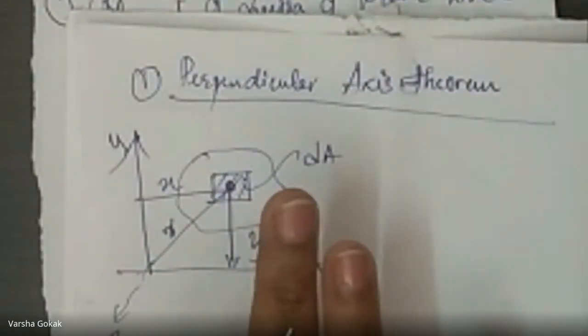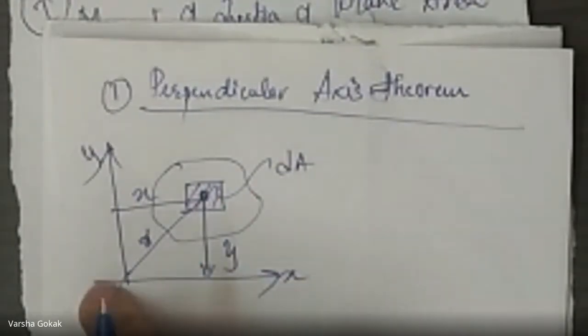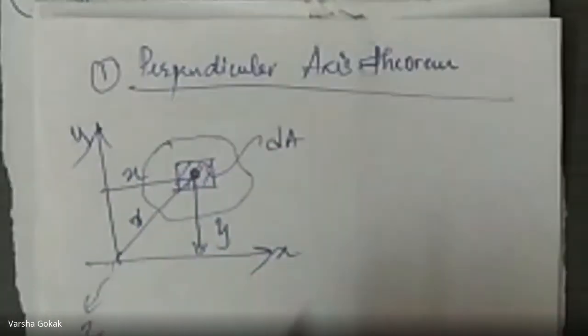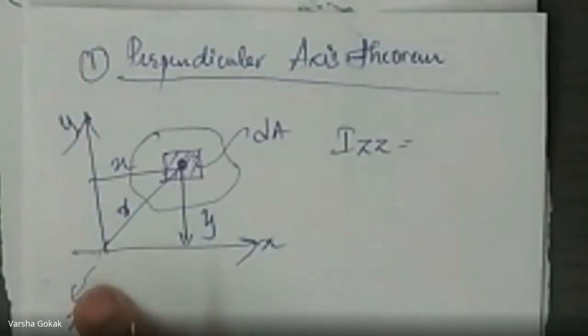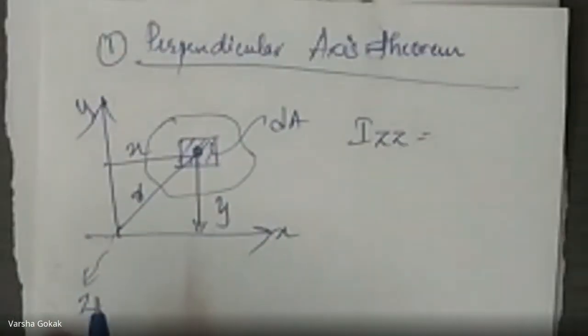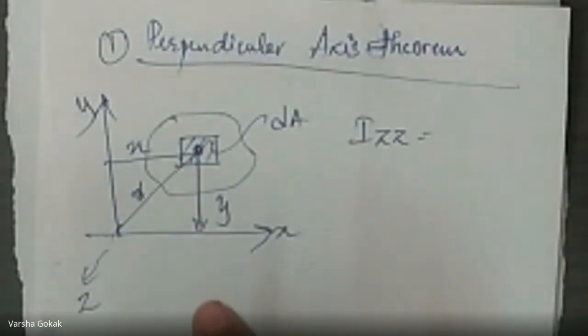Correct? Same figure. Now, for the perpendicular axis theorem, the moment of inertia of an area about the axis perpendicular to the plane at any point is going to be equal to the sum of these two moments of inertia. What does that mean? In short, the third plane. You all agree x, y, and z are always mutually perpendicular to each other. All of them have 90 degrees between them.